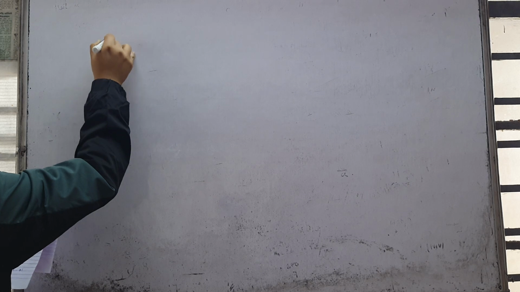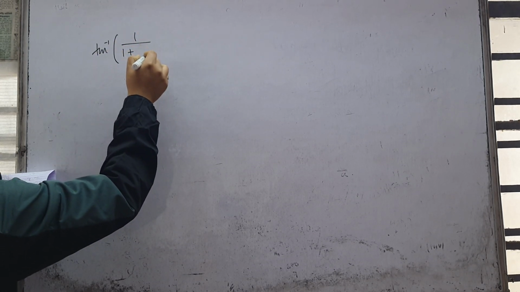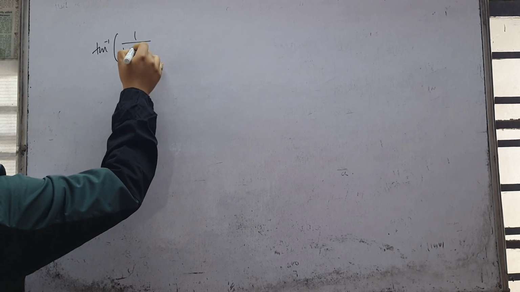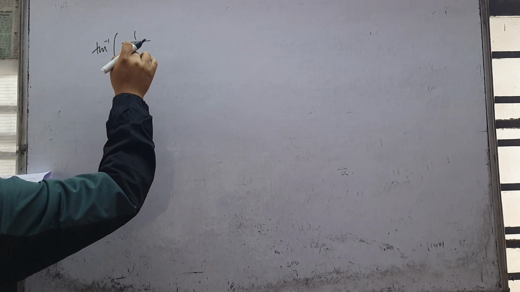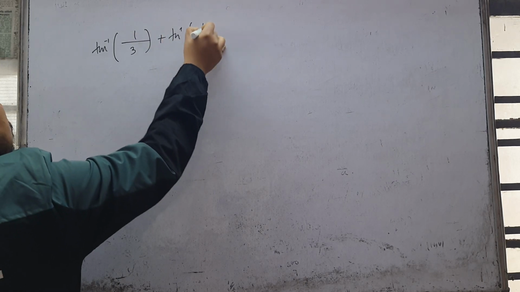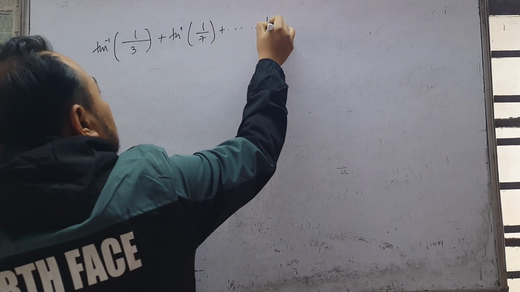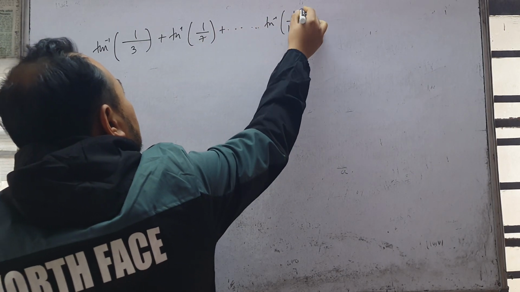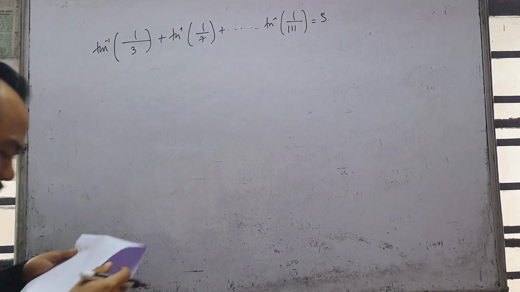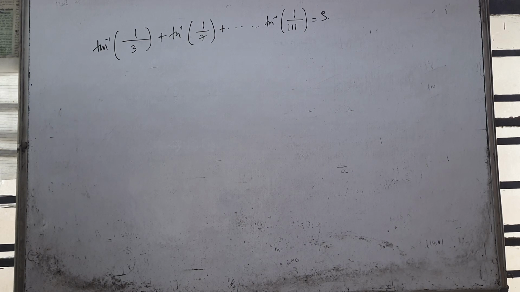The question was, please see, tan inverse 1 divided by 1 plus 1 by 3 plus tan inverse 1 by 7 plus dot dot tan inverse 1 by 111 is equal to s. We have to find the value of s. This is a very nice tricky question.